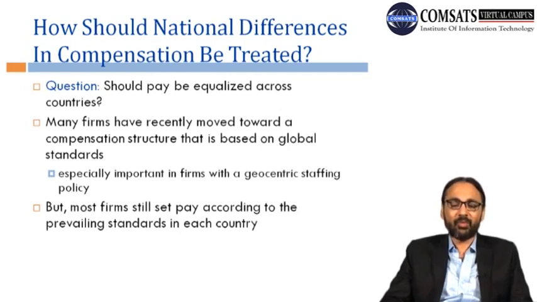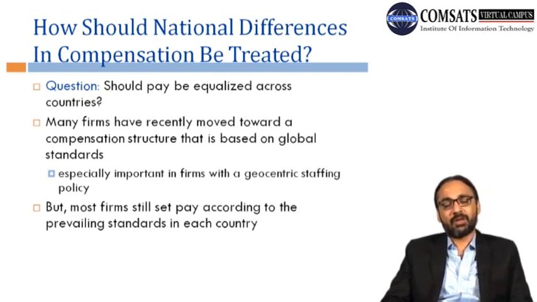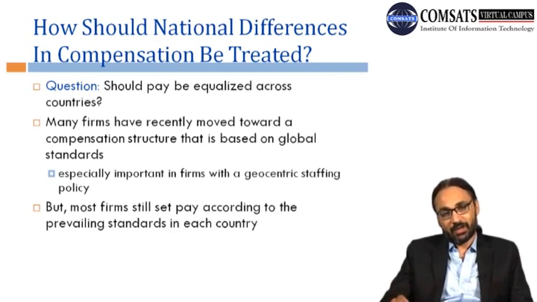Many firms have recently moved toward a compensation structure that is based on global standards, because of the market difference. Like in the last slide, in the US they are compensated with high figures, while in Japan half of that amount is paid to the expatriate manager, and a quarter of the amount is paid to the Hong Kong expatriates.